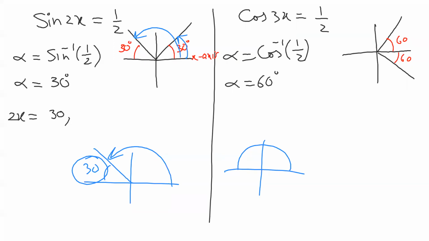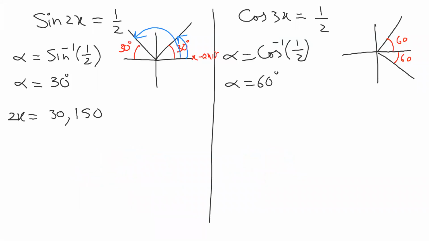So I am writing the direct answer 150. Okay, I got these two, and I call them by a special name: principal angles, or basic angles. Okay, I call them principal angles.